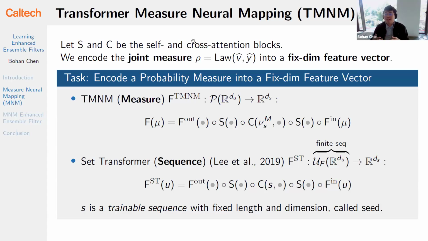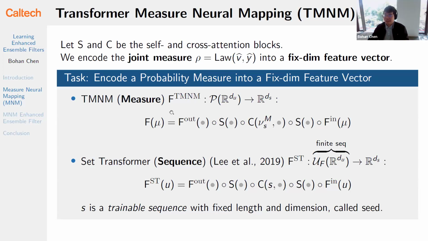The goal of using this transformer measure neural mapping is this. Previously, as I said, the most difficult part of learning such a map is that we want to deal with a probability measure as an input. So we want to encode this probability measure rho into a fixed dimensional feature vector to represent it.